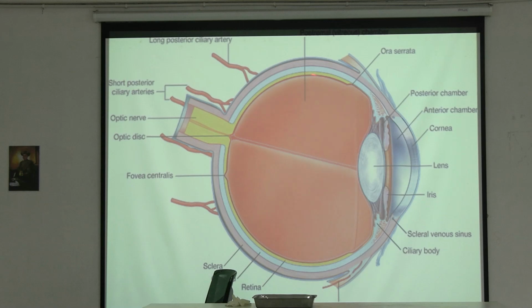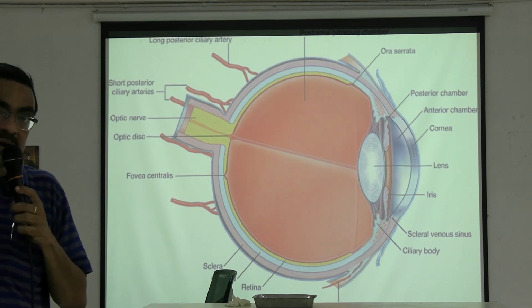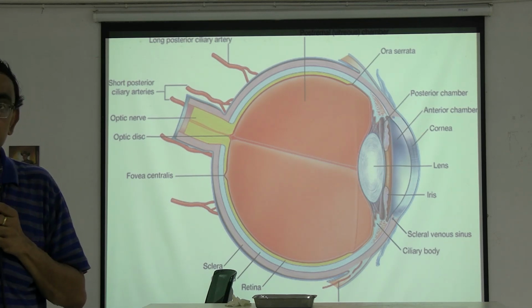This is called uveal tract, which consists of the choroid as the posterior part, the ciliary body as the next part, and the iris as the most anterior part. So that vascular part consists of three subparts.